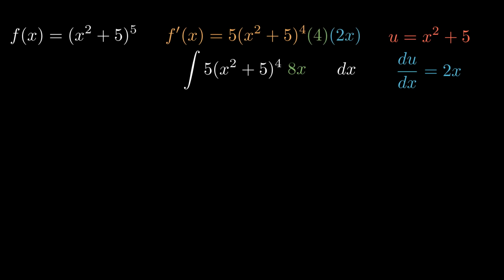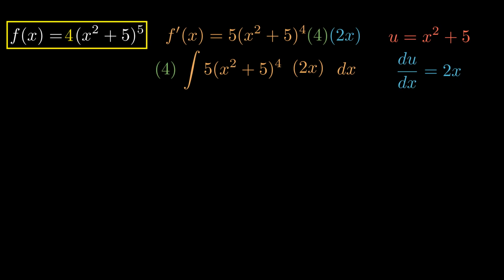So let's rewrite 8x as 4 times 2x so that we can see that derivative of u there. And we can pull that extra constant out of the integral because it is a constant. And now we have this extra constant that we are multiplying by that we didn't have before. And here we have the original integration problem that we just solved earlier. And so our answer will just be the same, but with that extra constant being 4.